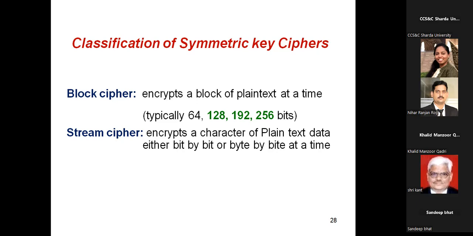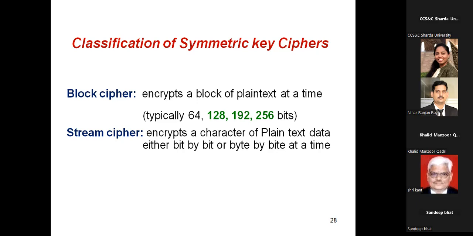The difference between these two ciphers is that in symmetric key, the key used by encryptor and decryptor is the same. The key used by sender and receiver is the same. But in asymmetric key cipher, this is not correct.